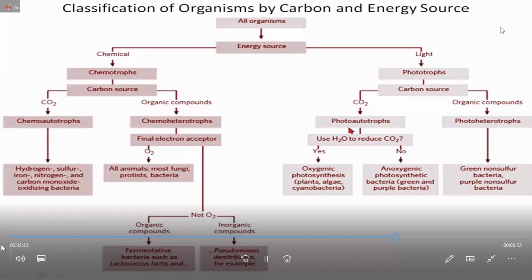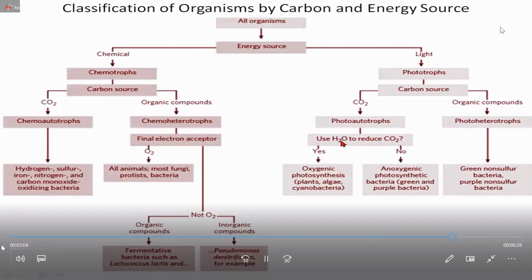Now let's move on to the phototrophs and the photoautotrophs. Photoautotrophs can either emit oxygen or not. If they emit oxygen, they are known as oxygenic, and if they don't release oxygen into the environment, they are known as anoxygenic. If they use H2O to reduce CO2 and emit oxygen, they are oxygenic.